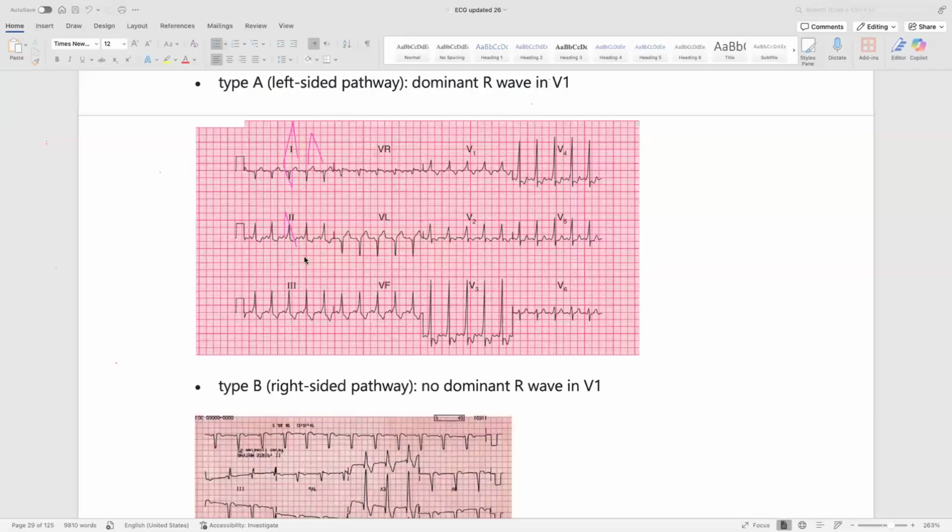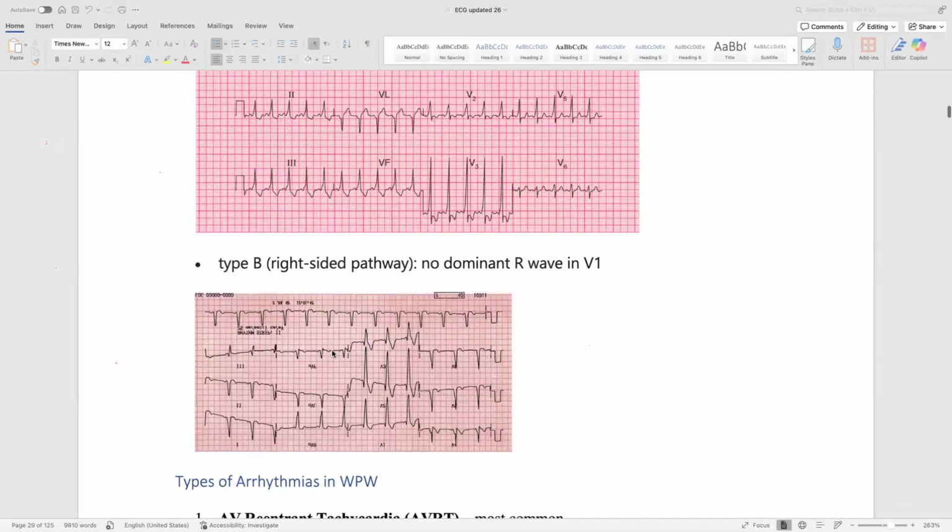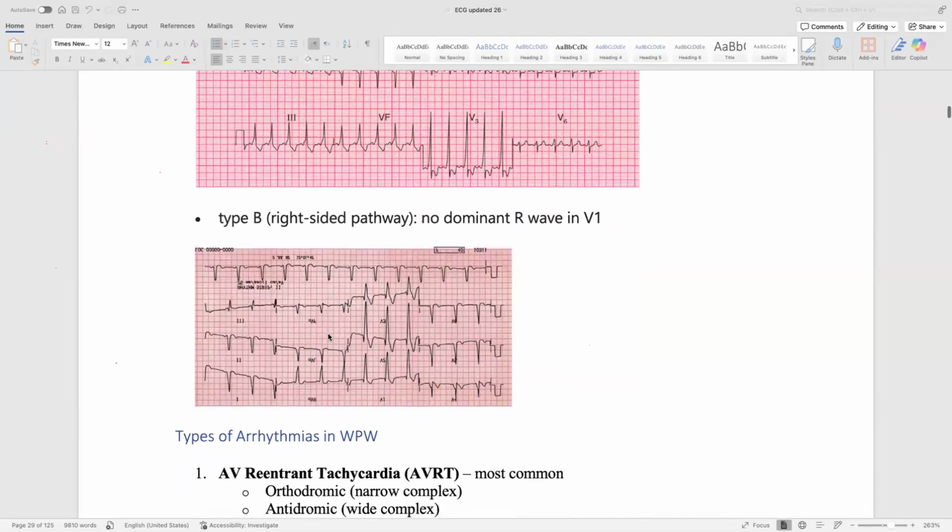If this one is up or this one is down, this is left axis. This is another way. Leaving each other. Okay. This is type B.